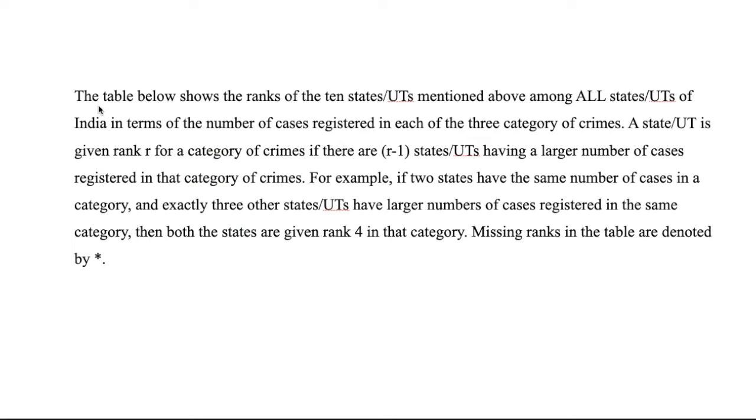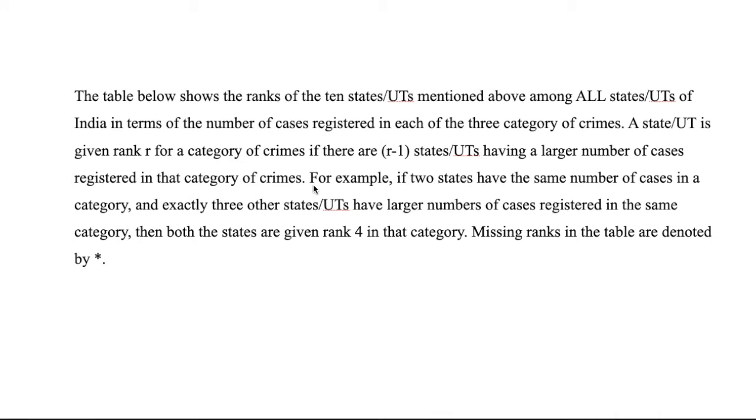Now continuing the question, the table below shows the rank of the 10 states or union territories mentioned above among all states or union territories of India, in terms of the number of cases registered in each of the three categories of crimes. A state or union territory is given rank R for a category of crimes if there are R minus 1 states having a larger number of cases registered in that category of crimes.